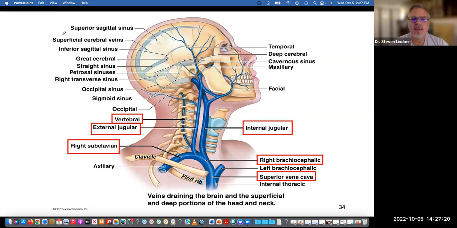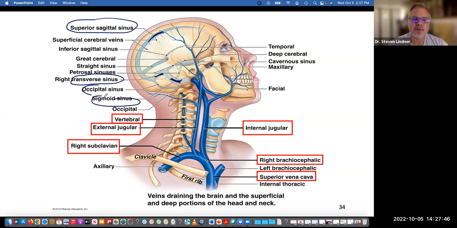Okay. Again, from this perspective, here's the superior sagittal sinus. We see it here. Here is the transverse sinus, right here. Here's the sigmoid, almost like the sigmoid colon, how it makes that arc and turn, right there.